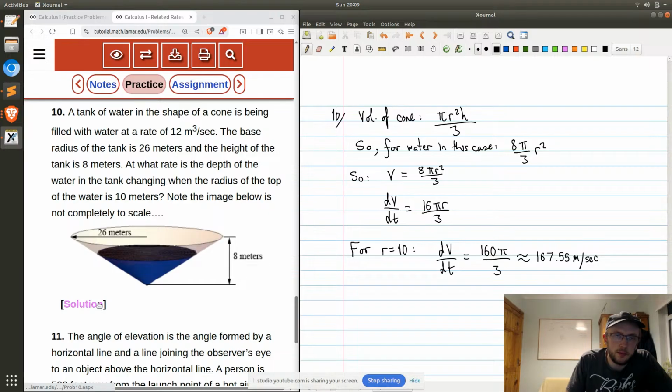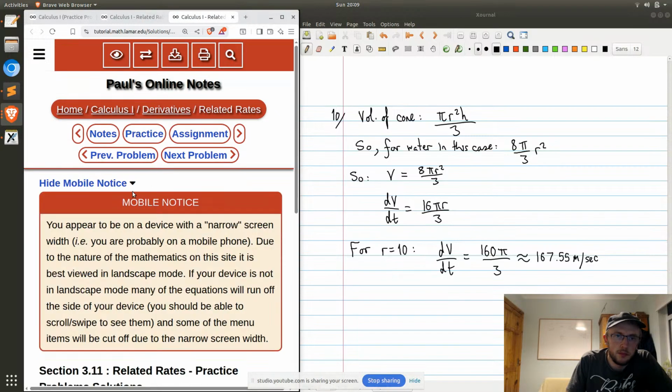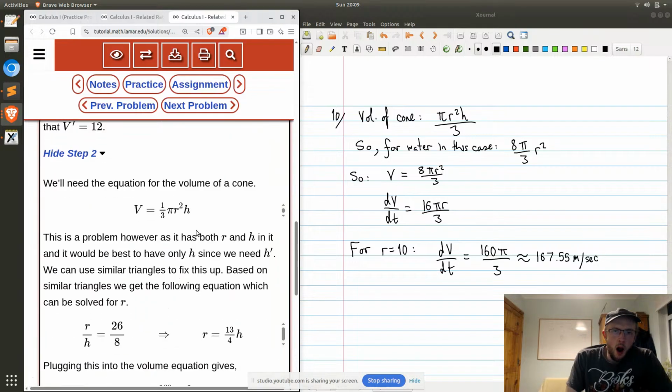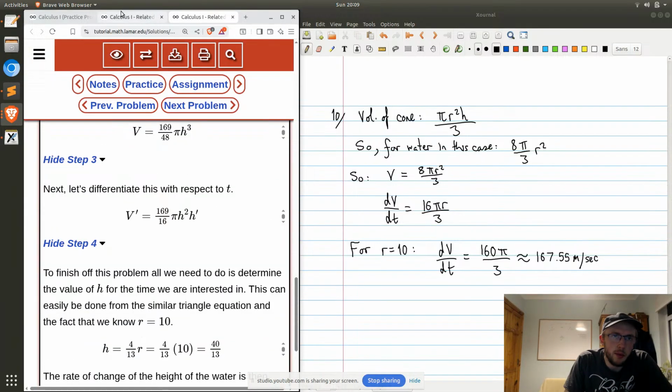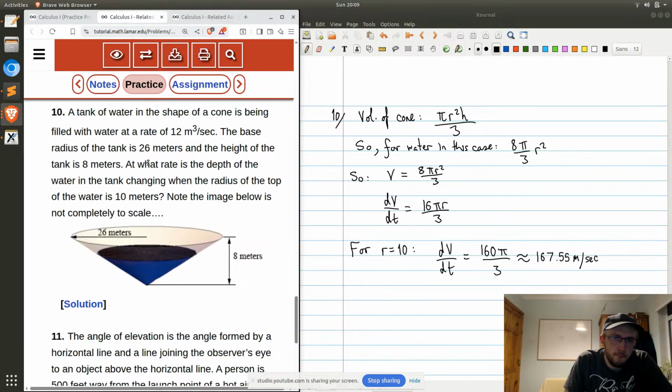So it appears... Oh no. No. Wait. Oh, the depth of the water. Oh, goodness me. Okay, that's fine. I just went for the wrong quantity. We want the rate of change of h, don't we?